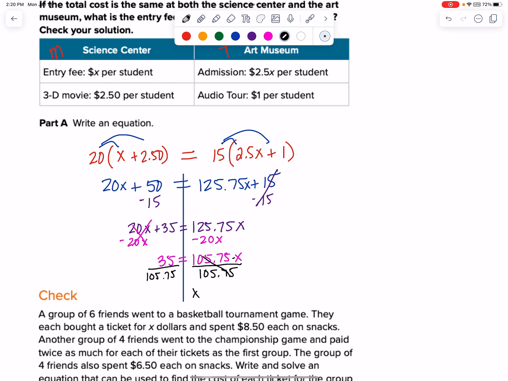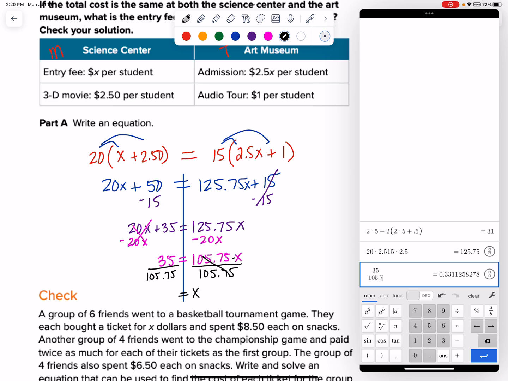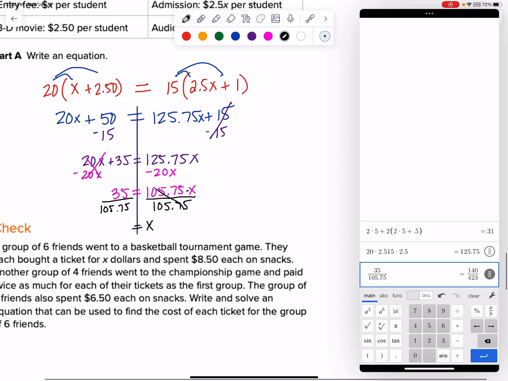That goes away, and we're left with x equals, let's do this division here, 105.75. All right, let's see.